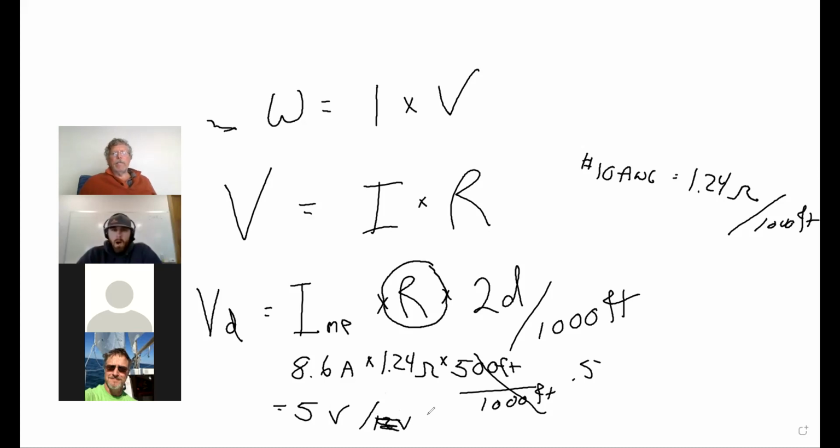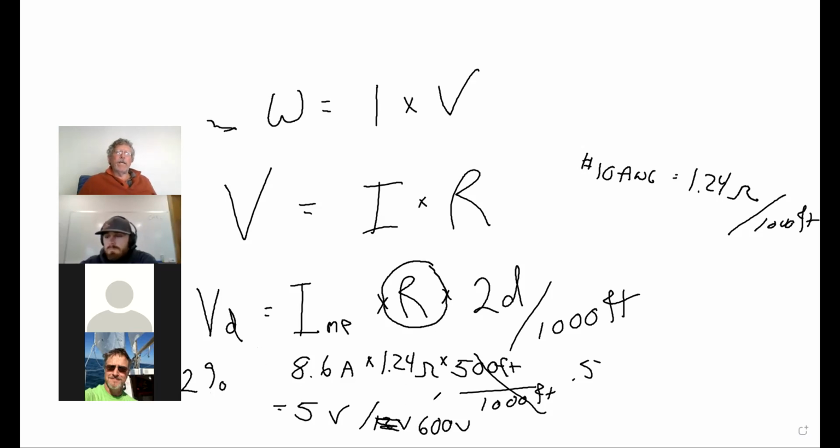But if my system is 600 volts, which is standard for a residential PV system, well, now I'm losing less than 1% of my power. And what we're trying to do is get our voltage drop in our system, ideally, to be less than 2%. That's kind of where we're going to go for. We want overall to be less than 2%.